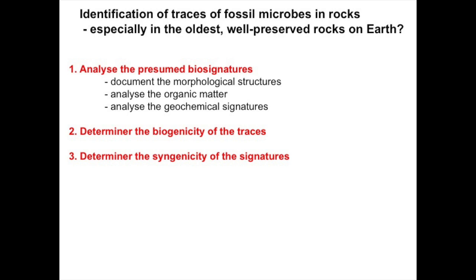So one of the most important things is the feature we're looking at, is it related originally to a living organism, or is it something completely different? Once we've decided that, yes, it is related to a living organism, we have to decide, did it form at the same time as the rock?